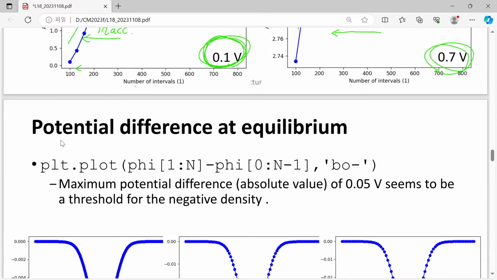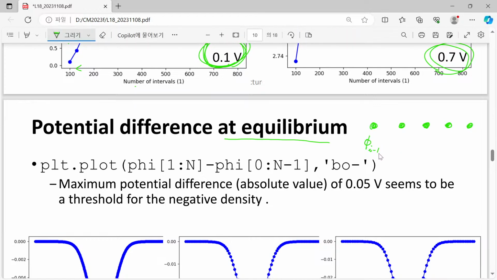I have plotted some quantities at equilibrium. For example, now you may have certain points: phi i minus 2, phi i minus 1, phi i, phi i plus 1, phi i plus 2, and so on.